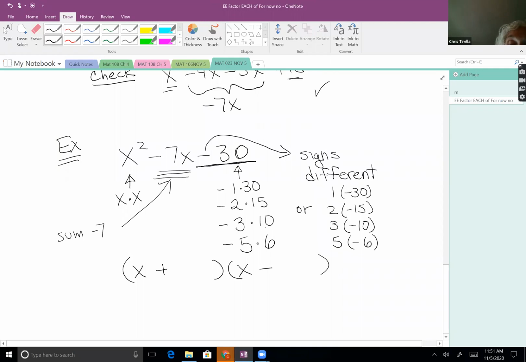These guys add to positive 7. I don't want positive 7, I want negative 7. So I'm going to go look over here. Is everybody all right? 3 plus negative 10 would give me my negative 7. And so I'm going to try the plus 3, minus, it's not minus 7, I apologize, minus 10.